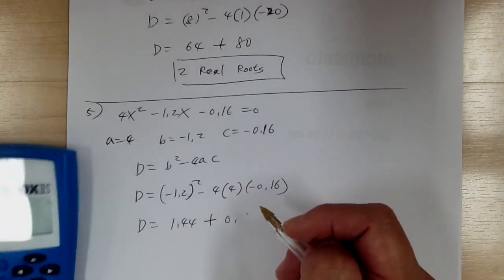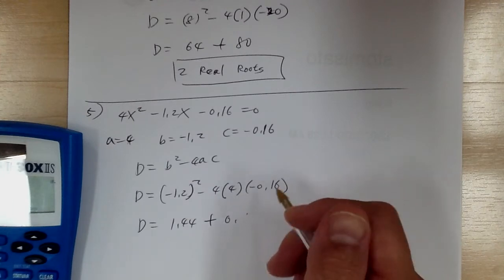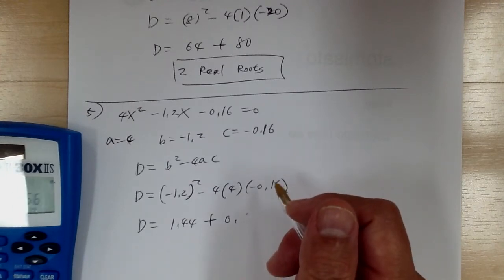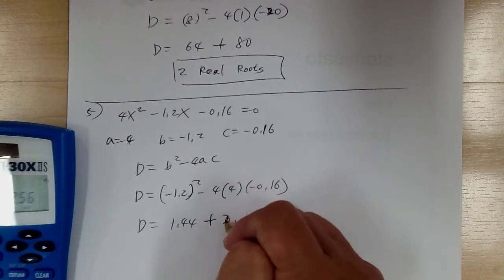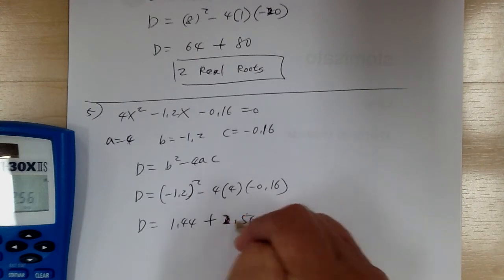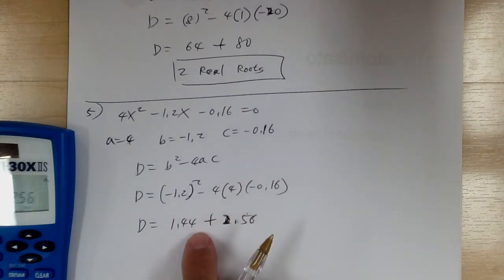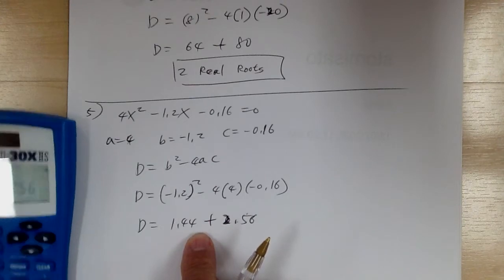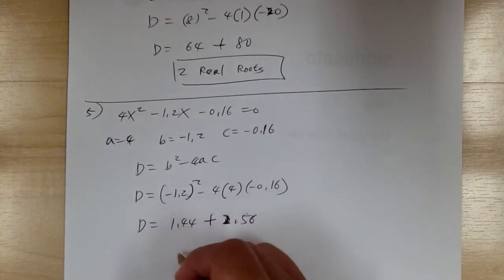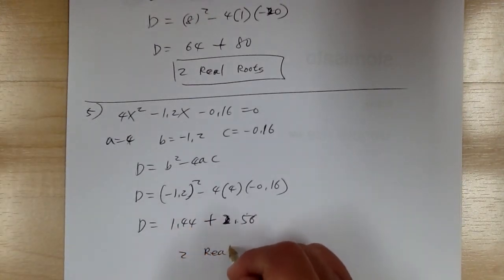Okay, get your calculator. 16 times 0.16 equal, so 2.56. Okay, so again, this is positive, so it's going to be real. So from here, you're going to get two real roots.